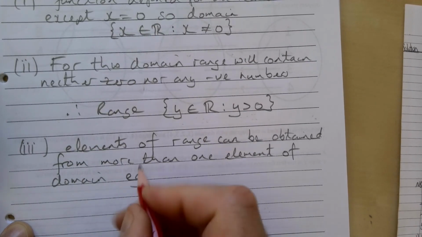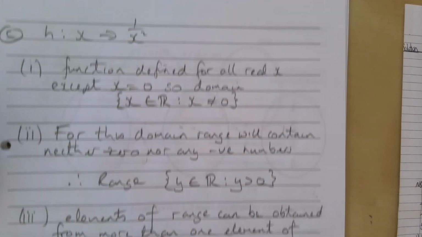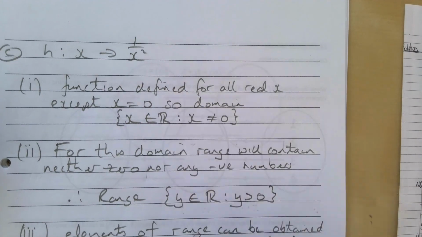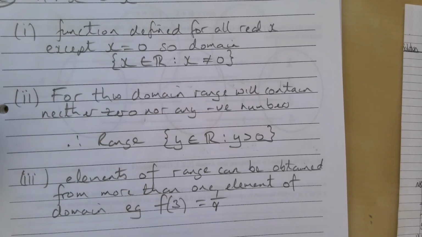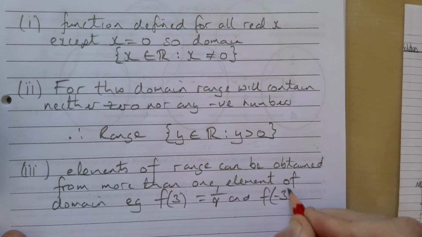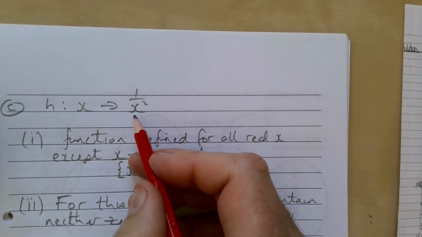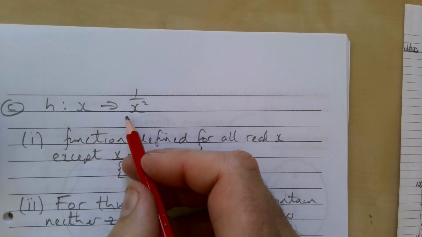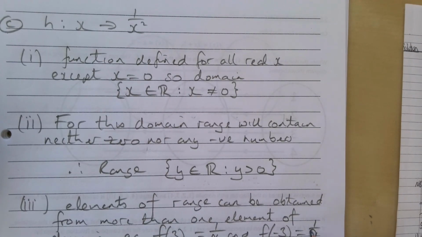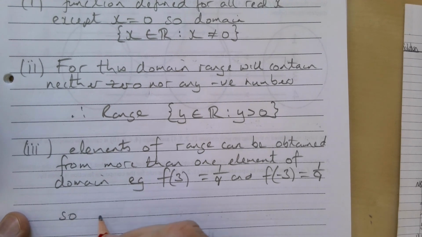They've given a wee example: f of 3 would give us what? Sub 3 into the function and I get a 9th. And f of minus 3: 1 divided by minus 3 squared is 9. It's not negative 9, remember, so that gives me a 9th as well. So that is our case in point. So the function is going to be many-to-1.